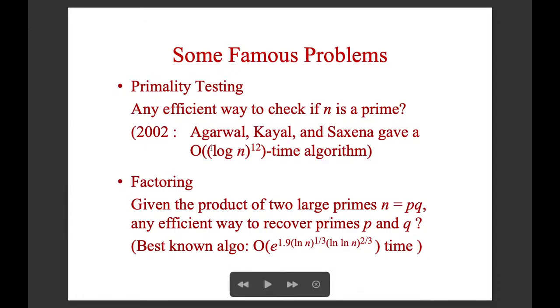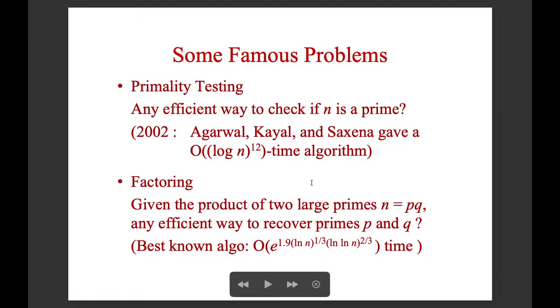So this is the input size to the power of a constant, a polynomial time algorithm. This algorithm only returns yes or no: yes when n is a prime, no when n is not a prime. When n is not a prime, it does not give you any factor of n. It just tells you that n is not a prime.